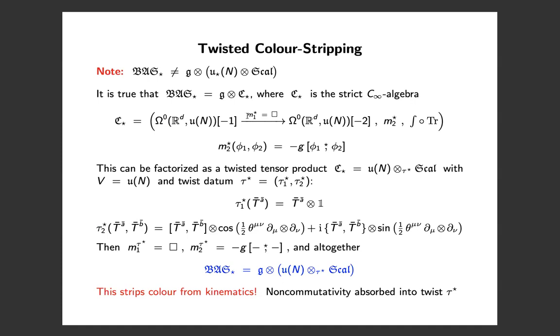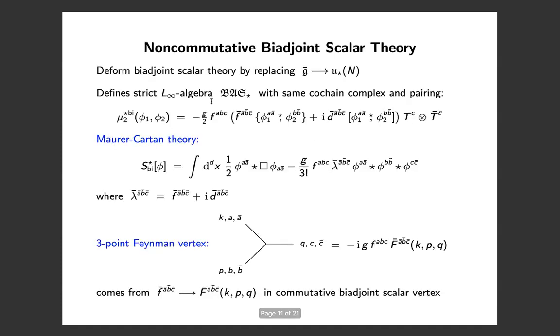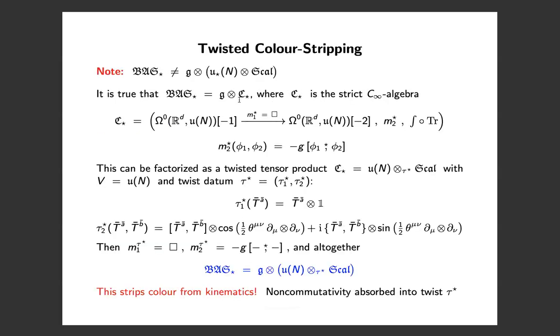Now, what is true is we can factor out, of course, the left Lie algebra, the one that involves these structure constants without bars on them. So you can factorize that into a tensor product of the Lie algebra g with a differential graded commutative algebra, or strict C infinity algebra, which as a vector space is just the vector space of functions on R^D, but valued in U of n. So they're matrix valued functions.